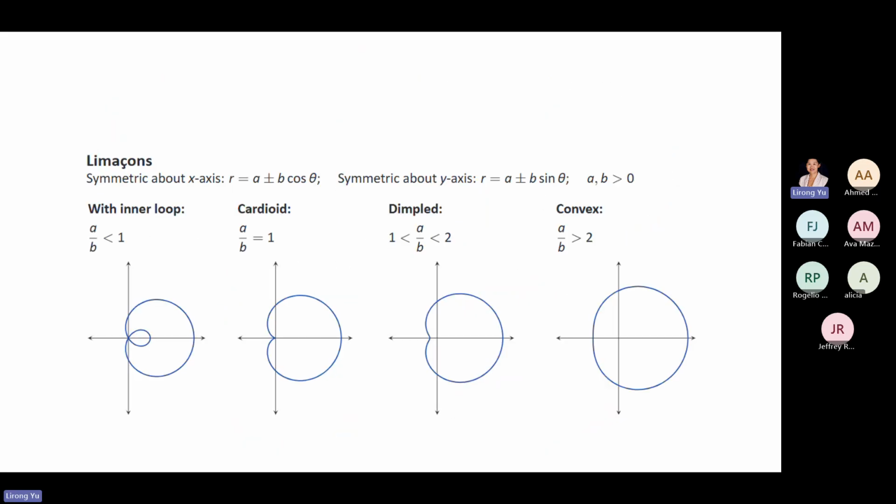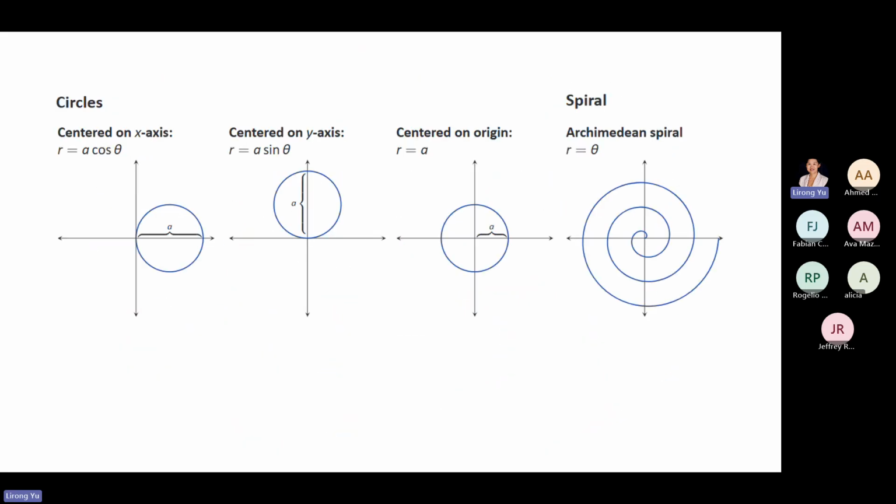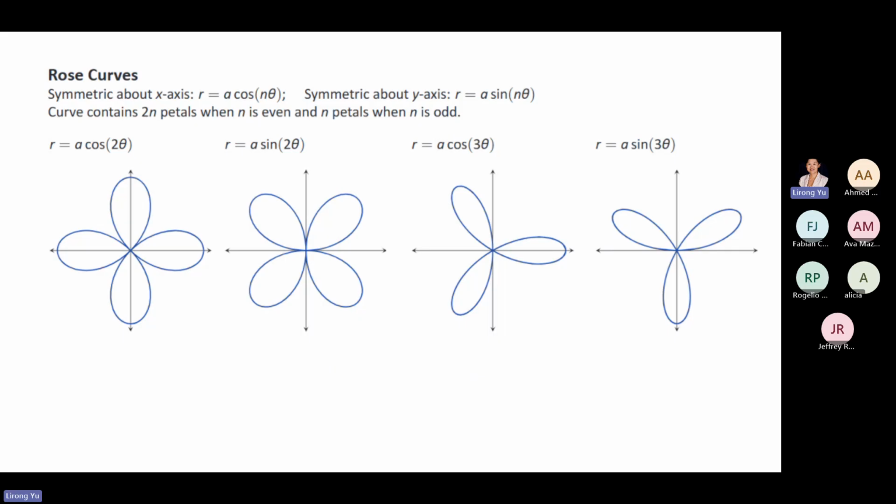But now we look at what if we have a number multiplied by theta. If the number we multiply is an integer, that integer affects how many petals we have. If an even number is multiplied by theta, you double that number to get the number of petals. For example, cosine 2 theta has a 4-petal rose, and sine 2 theta is a 4-petal rose.